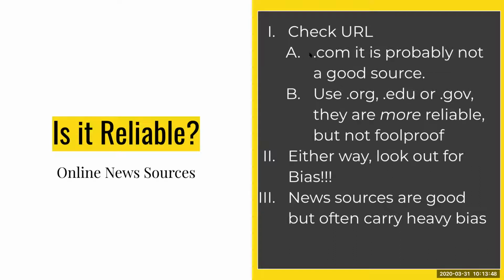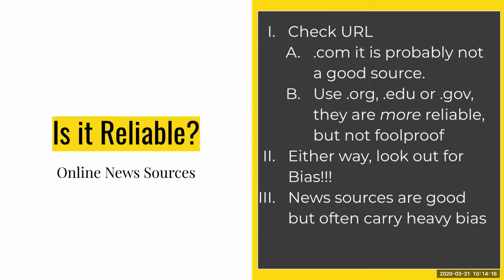A .com, probably not a great source to use. Why is that? That's because .coms anybody can make. Right? You don't have to be a professor of law. You don't have to have a degree. You don't have to be credible in any area to post whatever you want to post online. So a .com, you would need to go through a longer and lengthier process in order to see if it's credible.